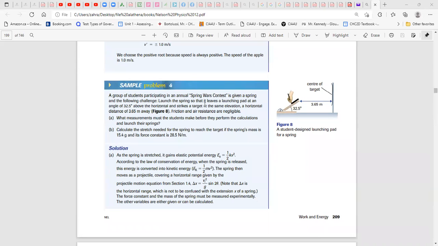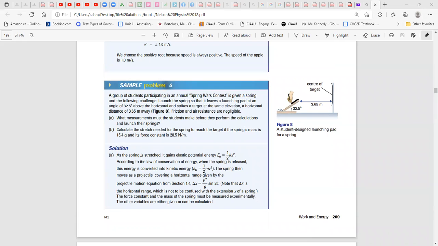Launch the spring so that it leaves the launching pad at an angle of 32.5 degrees above the horizontal and strikes the target at the same elevation, a horizontal distance of 3.65. Friction is neglected. What measurements must the students make before they perform their calculation and launch their spring?